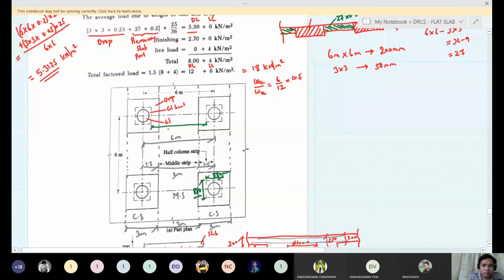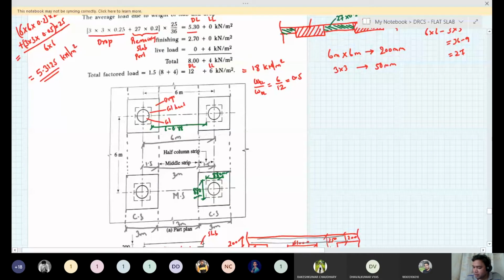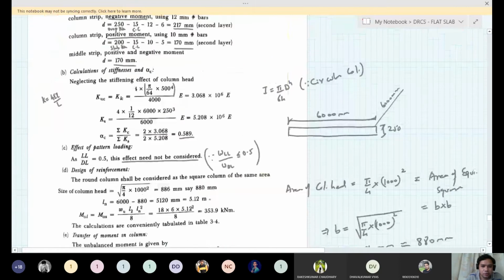So it will be 6 minus 0.88, that will be 5.12. So this width will be 5.12 meter. So your ln value is 5.12 meter. Okay, so ln is nothing but the face to face distance between the column heads.